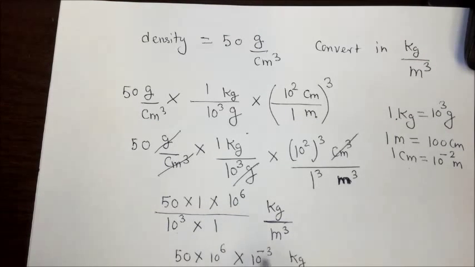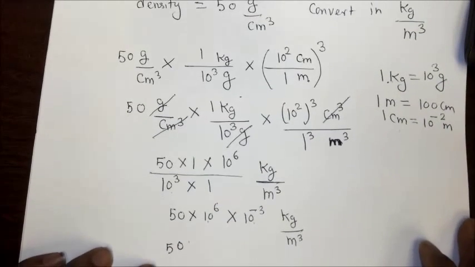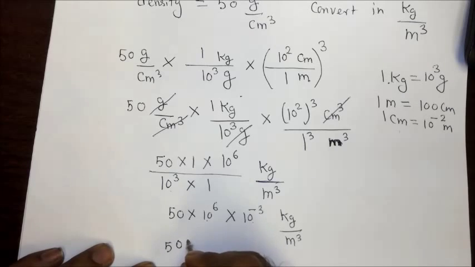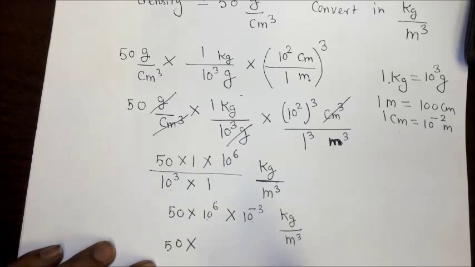Now, if we mix these two, 10 to the power 6 and 10 to the power minus 3, this becomes 50 times 10 to the power 6 minus 3 kilogram per meter cube.